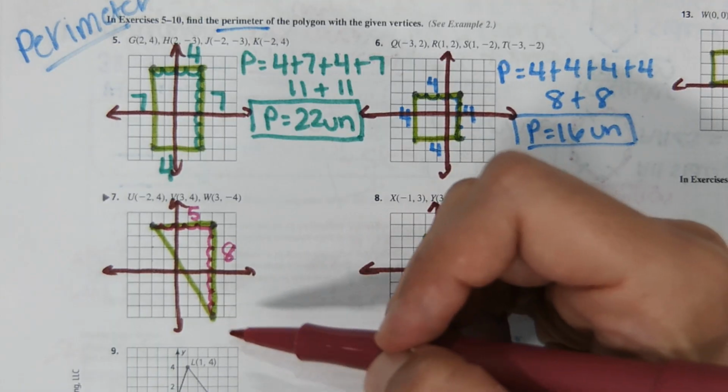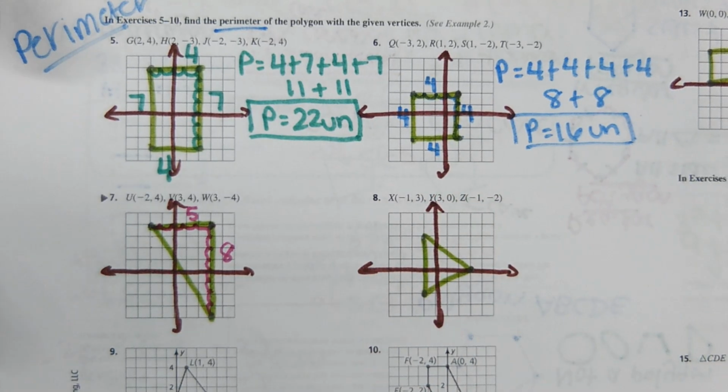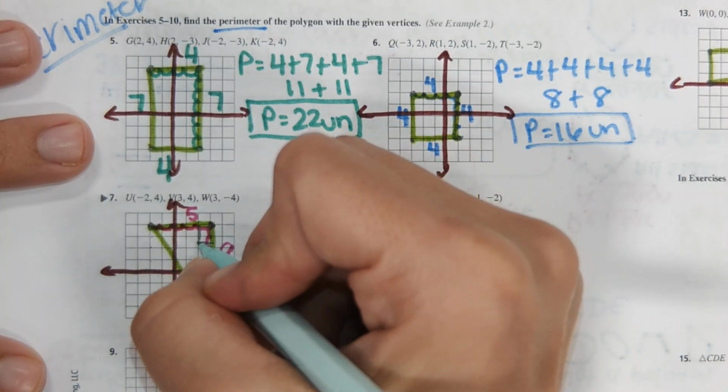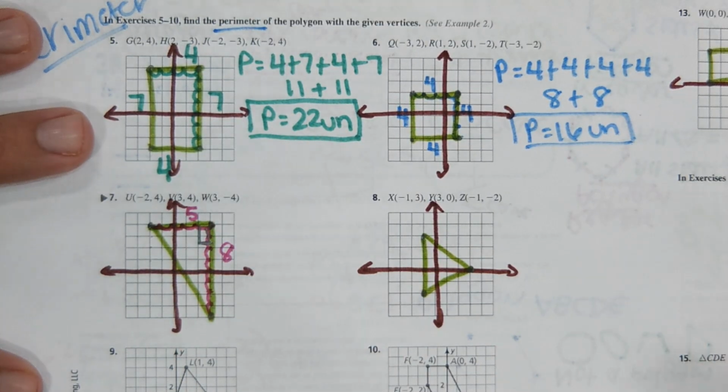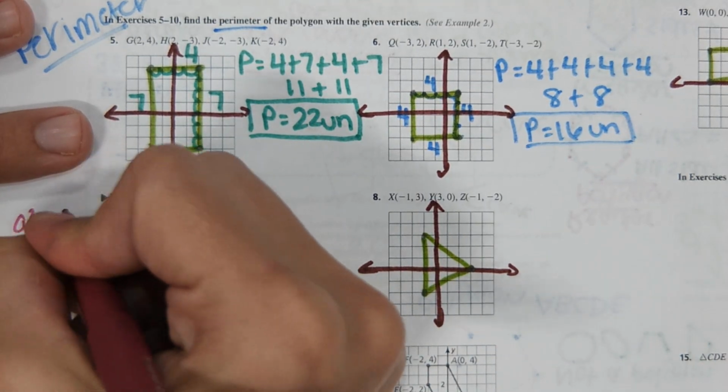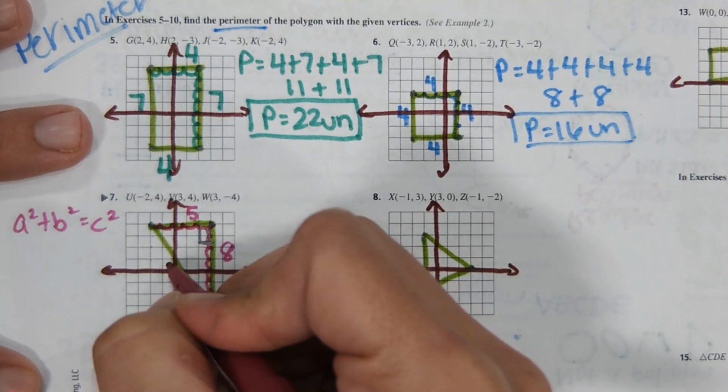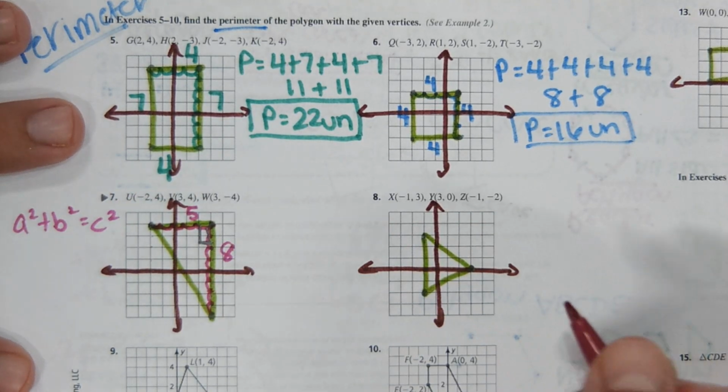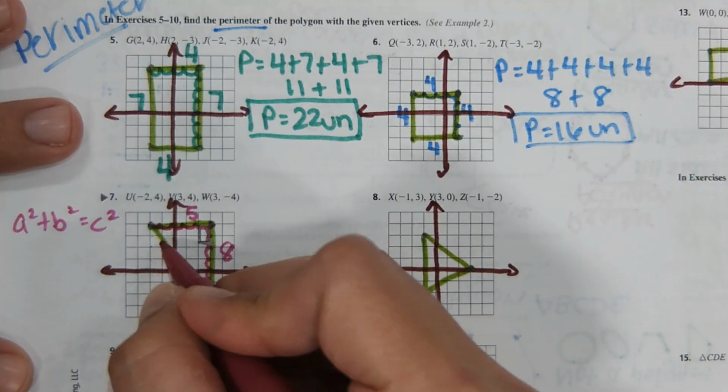There's a couple different ways we can do it. We can use distance formula, but an easier way to do it is to use that Pythagorean theorem method that we learned. So we have a right triangle here, so we can use a squared plus b squared equals c squared to find this length here. So this would be our a and b, and then this is our c.